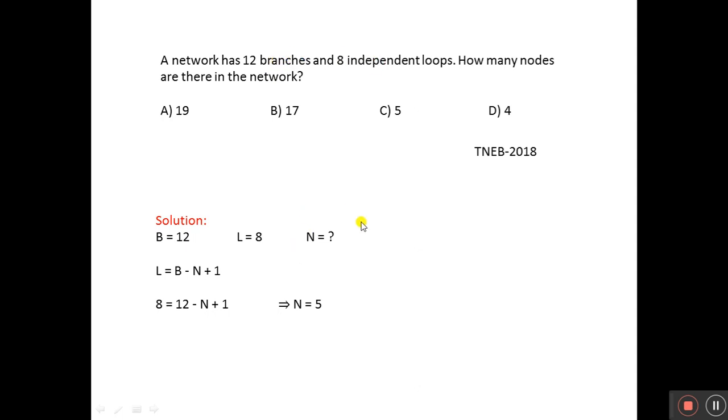They're asking the number of nodes. You know the formula L equals B minus N plus 1. You can apply it directly: L equals 8, B equals 12, minus N plus 1. So N equals 12 minus 8 plus 1, that is 4 plus 1, you will get 5. So option C is the correct one.